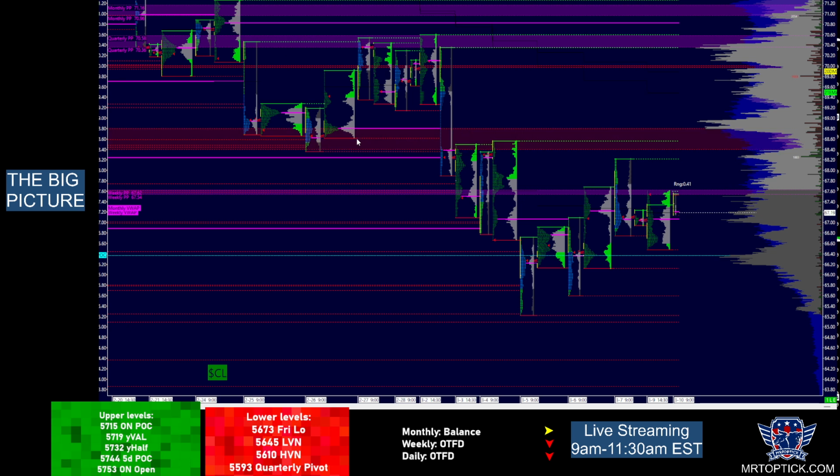It used to be support, now it's resistance. So moving above that, then we can move into this 3-day balance. But here I think we're gonna start distributing in this area. 68.40 is the resistance area to watch.